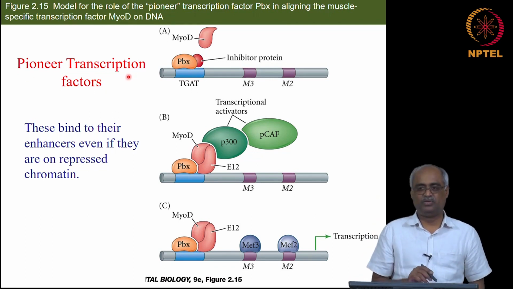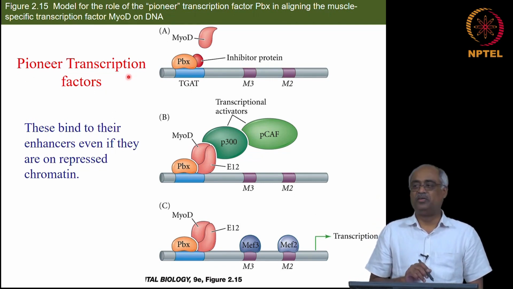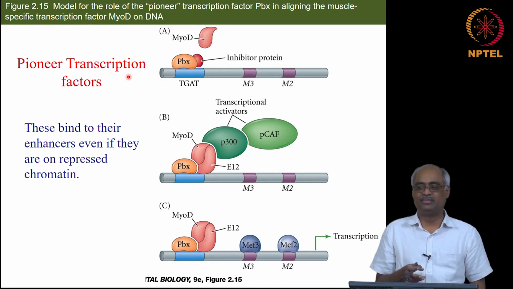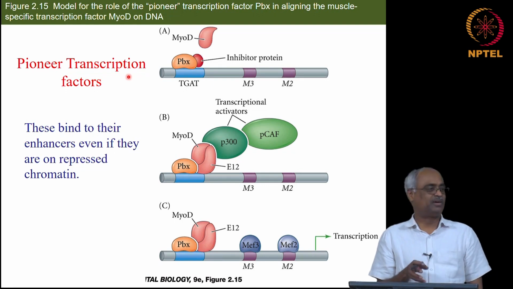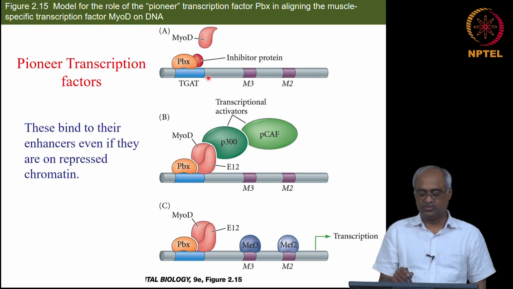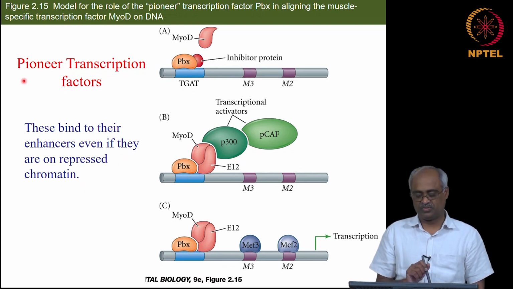These transcription factors can really open up highly condensed heterochromatin and initiate transcription. Okay, so the chromatin need not be already poised for access to proteins. A good example is this PBX. It can go and bind to sequences in highly condensed repressed chromatin. That is the definition of pioneer transcription factors.